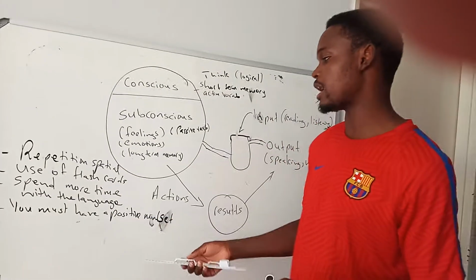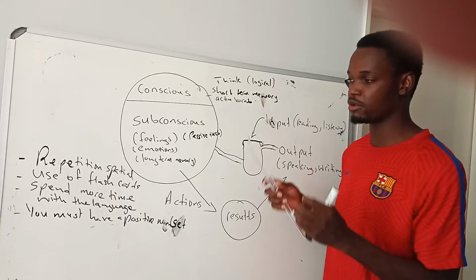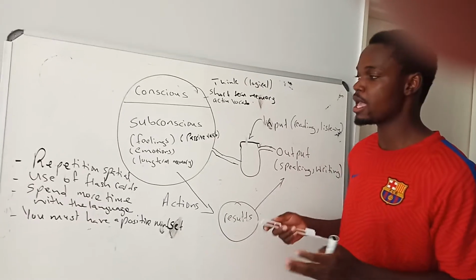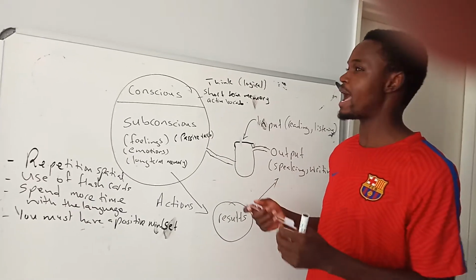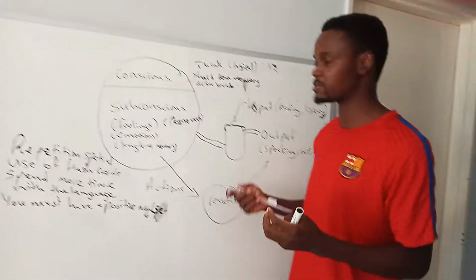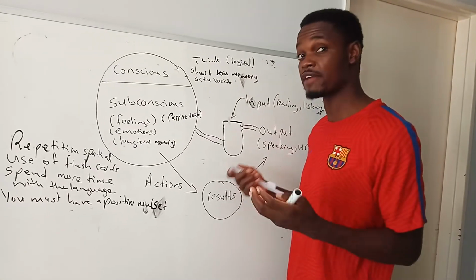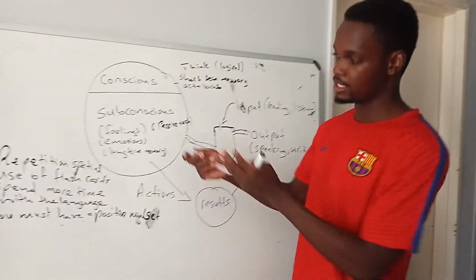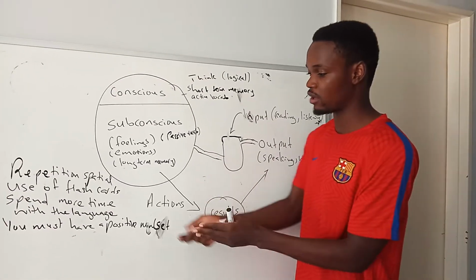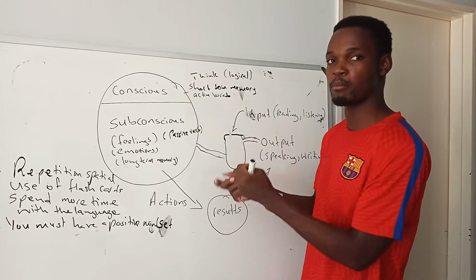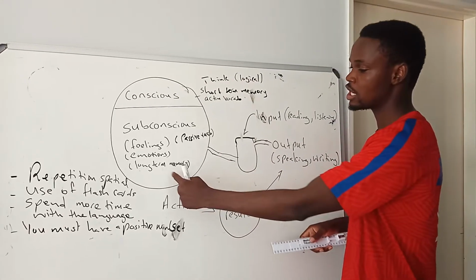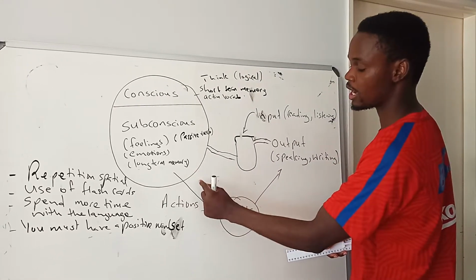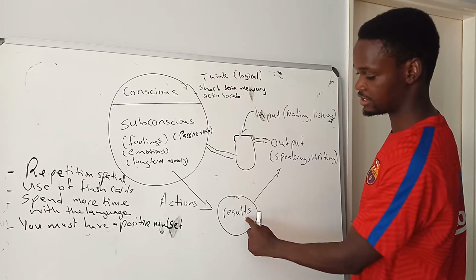Then you must have a positive mindset. That is very important when you are learning a language. Because if you say, I will never speak English, I will never speak Spanish, for sure you will never speak it fluently, because that's what you believe. The subconscious mind is characterized also by the beliefs. That's where all your beliefs are. Your beliefs will affect the results.